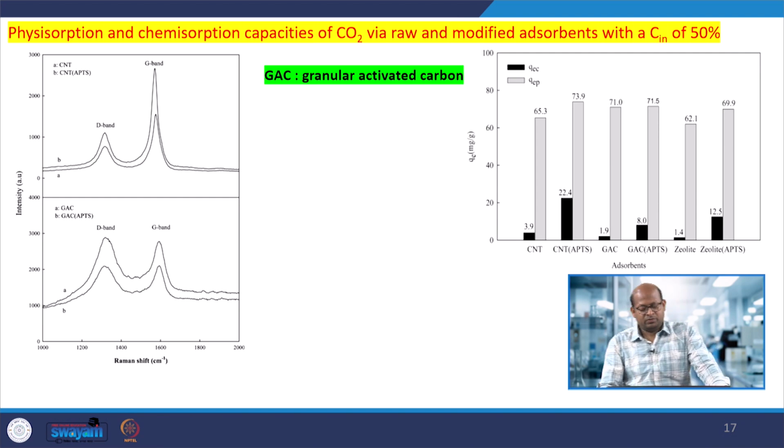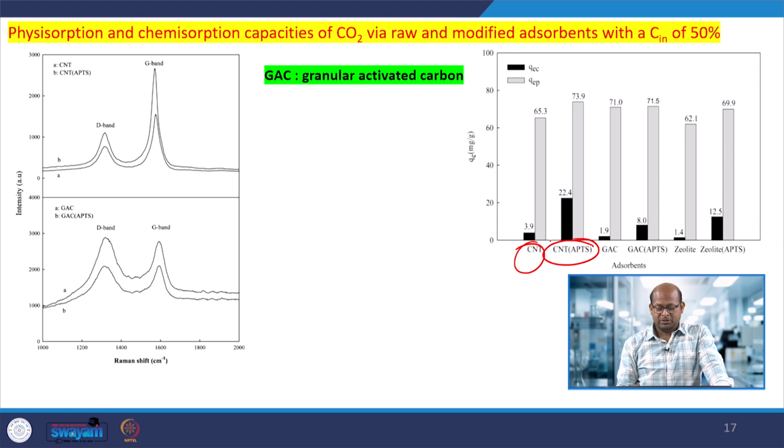So here in this process different types of material, that is CNT, APTS CNT, granular activated carbons, APTS activated granular carbons, zeolites, APTS modified zeolites, three different materials were taken, and then physical and chemical adsorption of CO2 has been reported here.